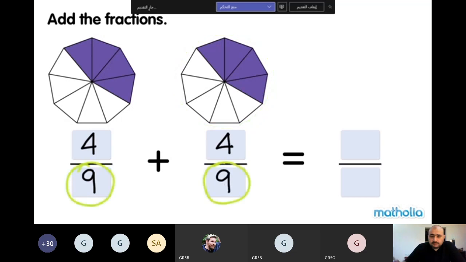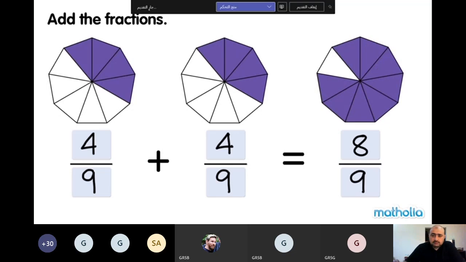The denominators of both fractions are the same. They are like fractions. To add like fractions, we keep the denominator the same and add the numerators. 4 plus 4 equals 8. 4 ninths plus 4 ninths equals 8 ninths.